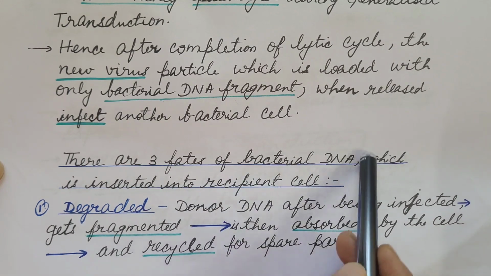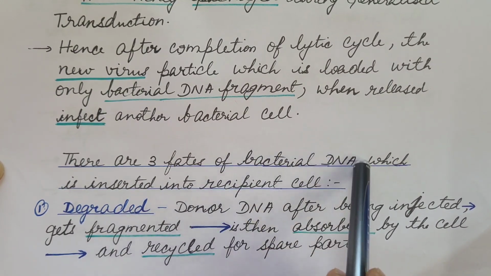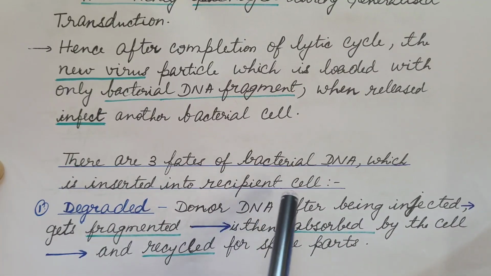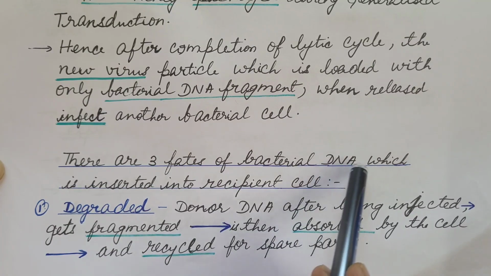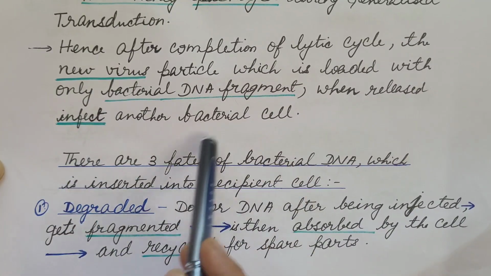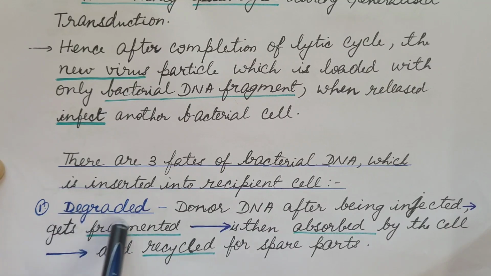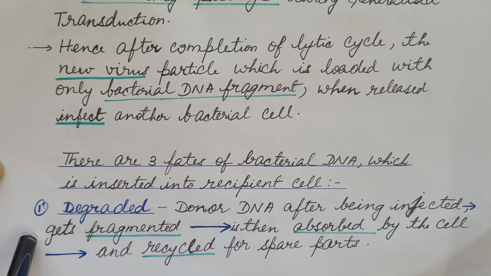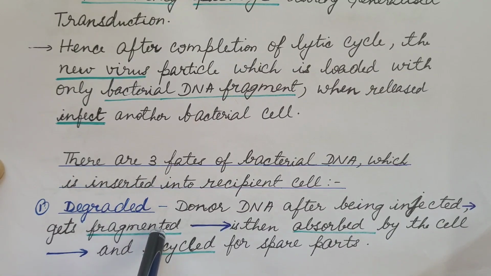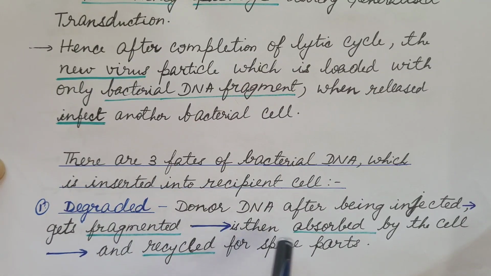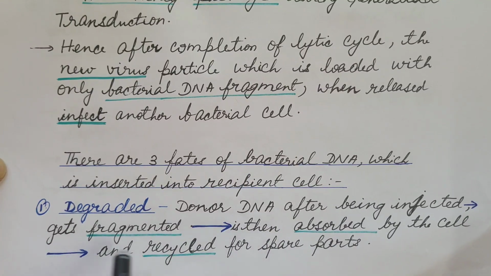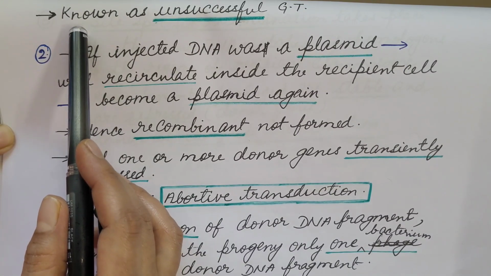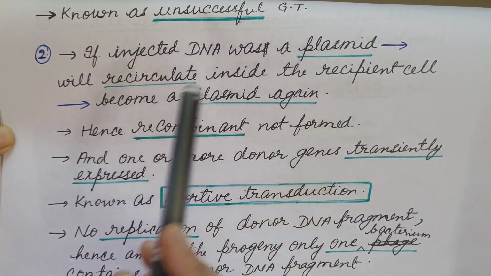The donor bacterial DNA fragment which is inserted into the recipient cell by the bacteriophage virus has three fates. First, it is degraded. The donor DNA fragment after being injected gets fragmented or degraded. It is then absorbed by the cell and recycled for spare parts. This type of transduction is known as unsuccessful generalized transduction.